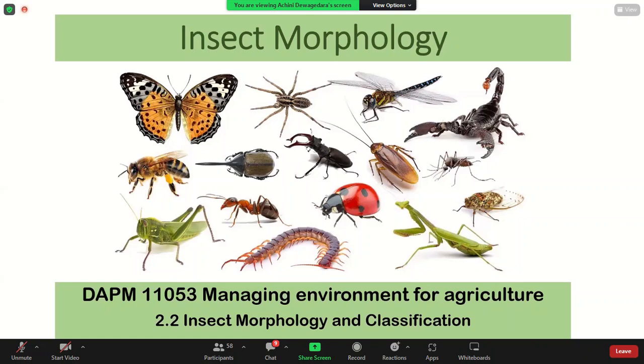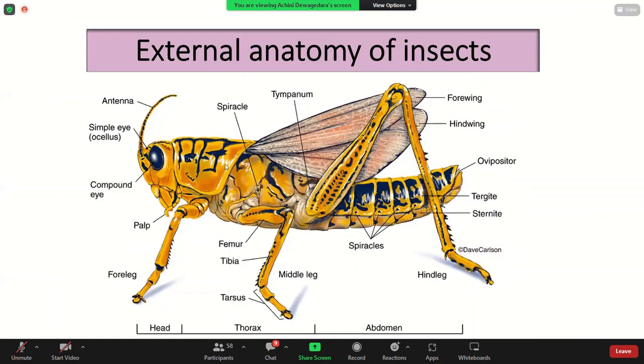In insect morphology, we can classify it into two: internal and external. So this is the external morphology or external anatomy of insects, and inside the body there are different systems.